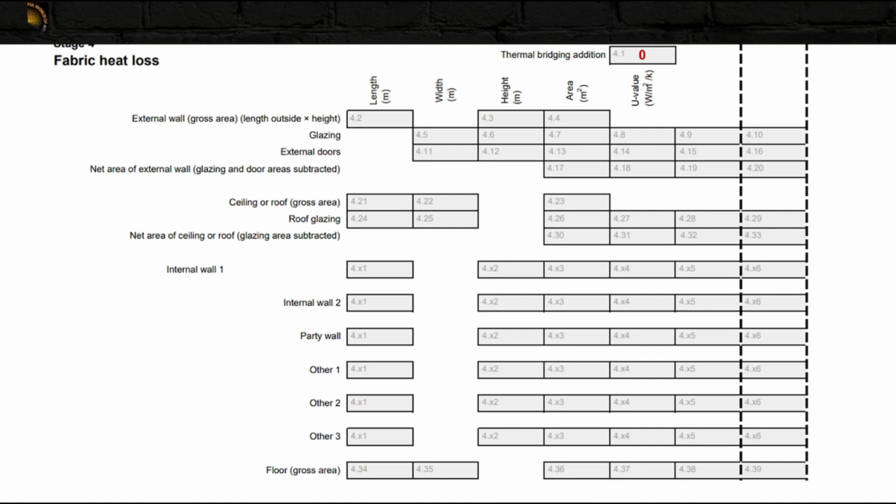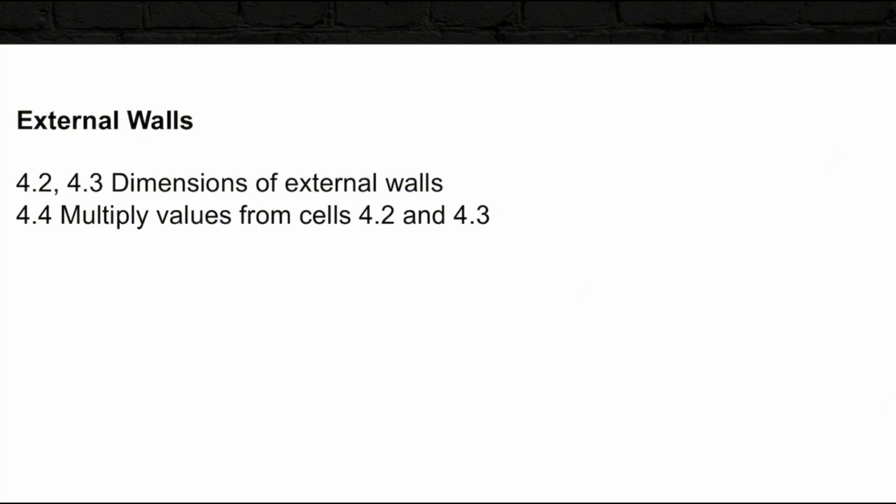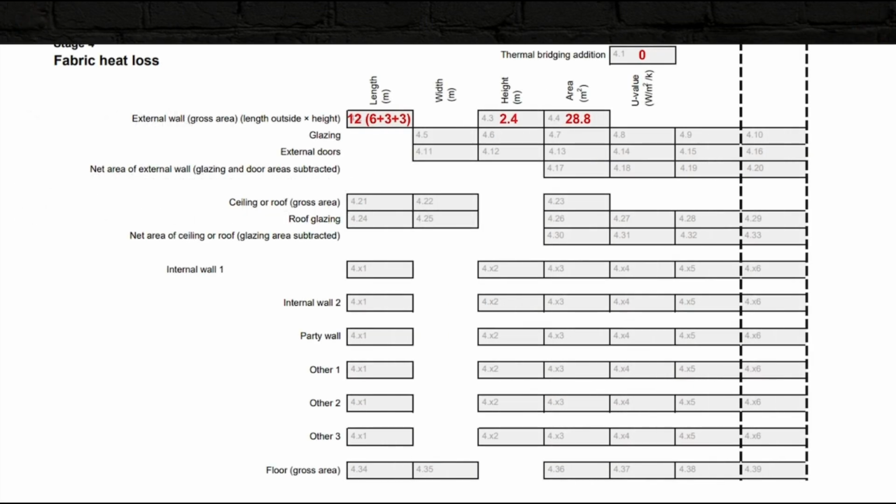Okay, box 4.2, 4.3 and 4.4 is the dimensions of our external walls. So our external perimeter is 12 meters because we've got the side wall, which was 6 meters, and then the front and the back wall, which are also external.